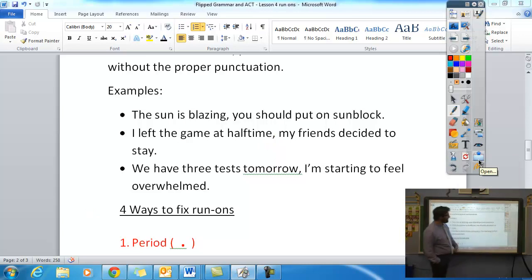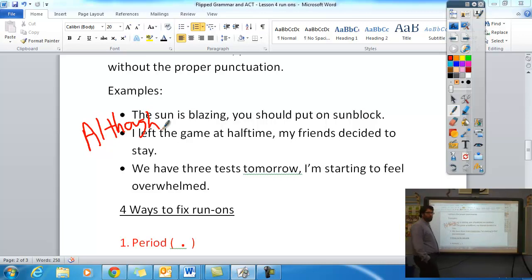What if we wanted to use a fanboy? What fanboy should we use? I left the game at halftime, comma, but, or, comma, yet, my friends decided to stay. Make sense? Okay? How about if we wanted to make one of these clauses dependent?